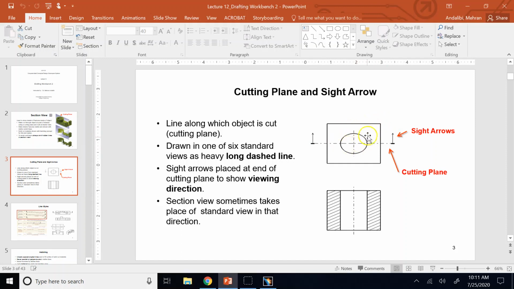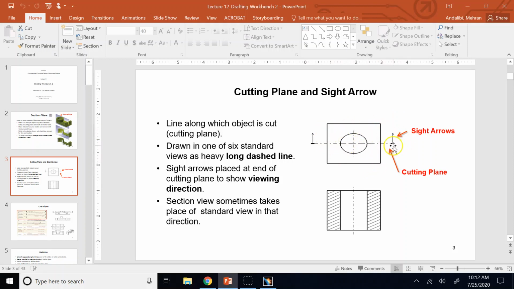So if this is the top view of an object, which is basically a simple cube with a cylindrical hole in it, so when I cut it with a plane in two parts, which parts am I going to be interested in watching? The back part or the front part? These arrows would tell me I want to see the back part.